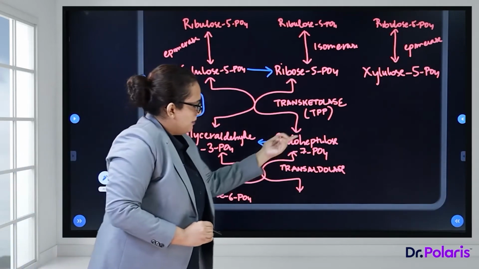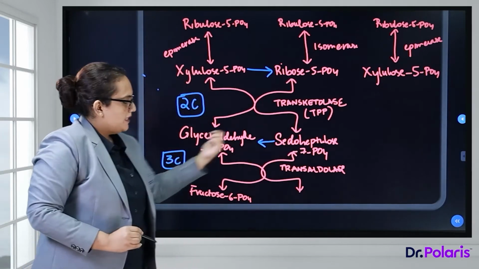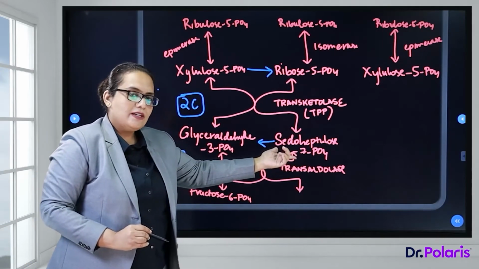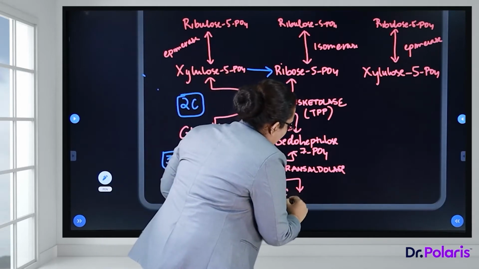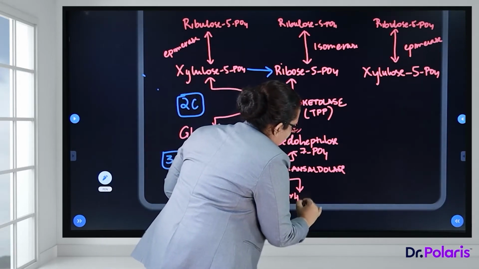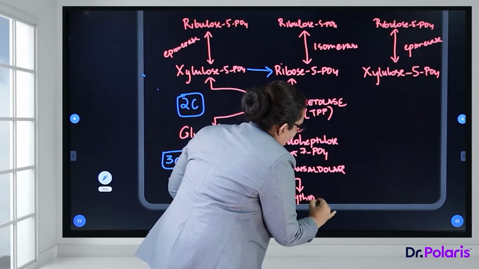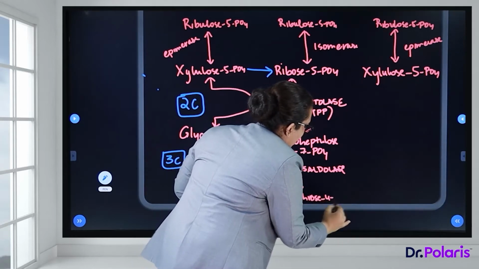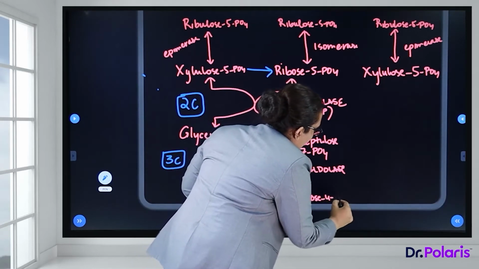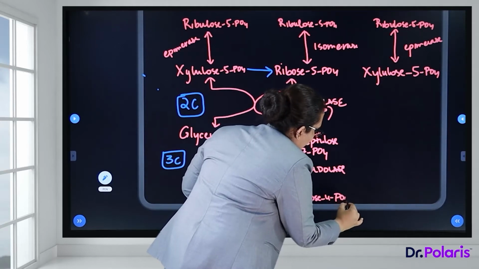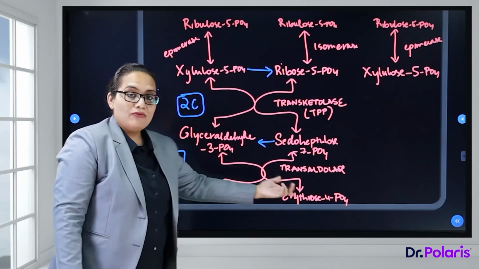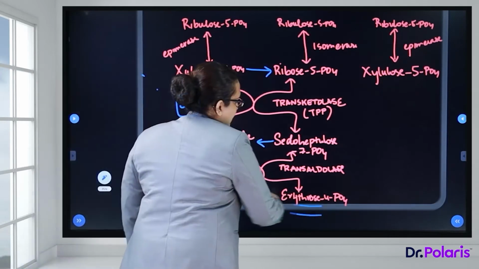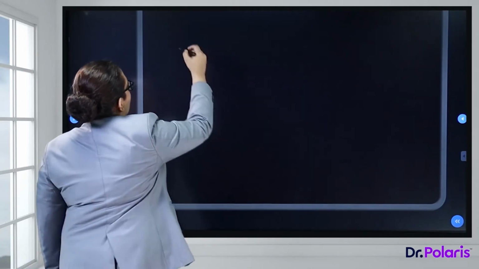And if you remove 3 carbon atoms from the 7-carbon compound, you're left with 4 carbon atoms. So you get erythrose 4-phosphate. This is an aldotetrose. Again, the total carbon atoms remain the same. You have 6 plus 4.